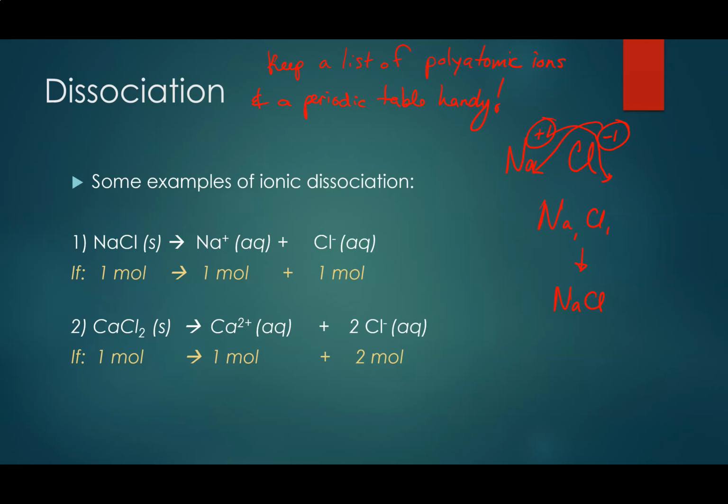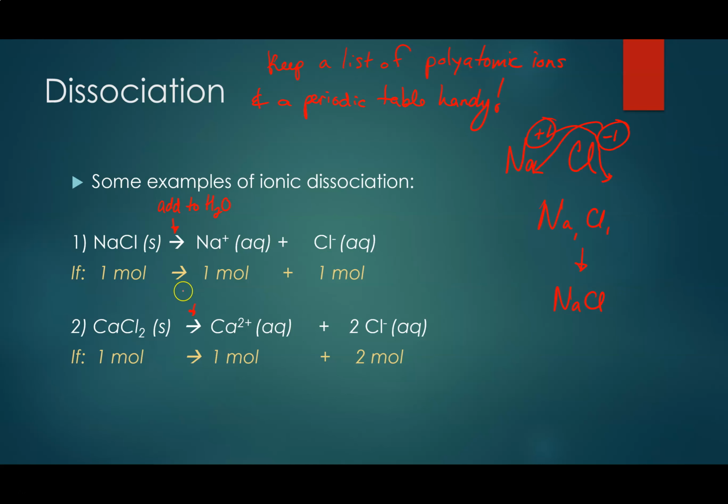Now, the new stuff in this chapter says what happens when these ionic compounds dissociate, and that means break apart. So over here for our first example, we have the simple ionic compound of NaCl, so table salt. When you add it to water, so these arrows in our dissociation equations now mean add to water. All of them mean that.